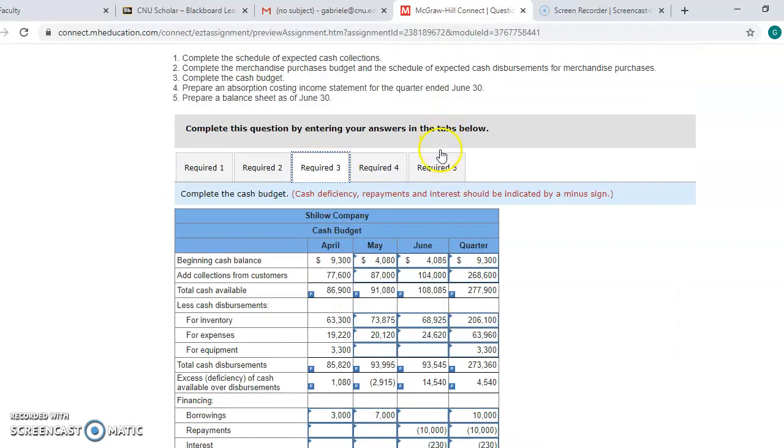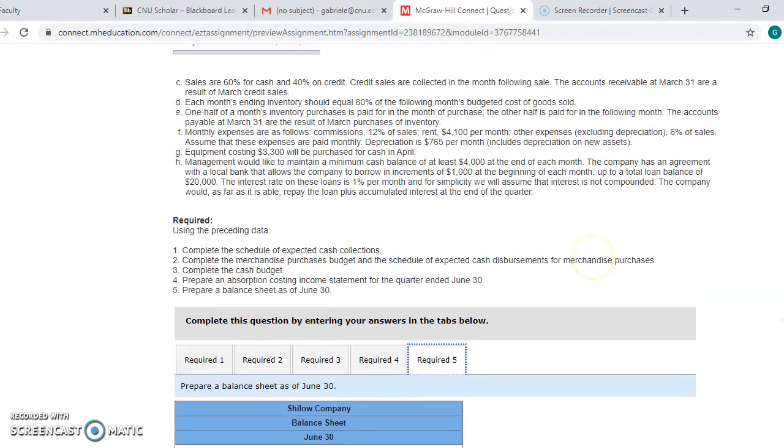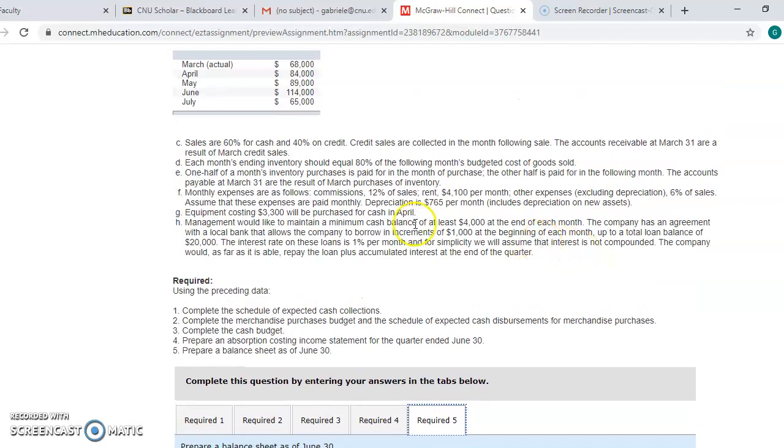The next item on the balance sheet, I believe, was accounts receivable. Yep, accounts receivable, 45,600. So you may recall that they said right here, sales are 60% for cash and 40% on credit. Credit sales are collected in the months following the sale.